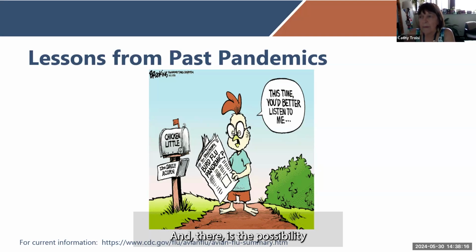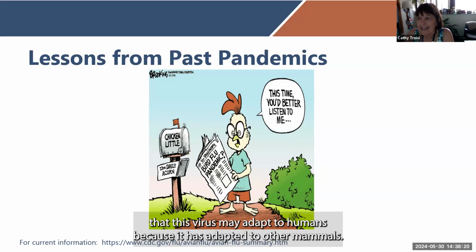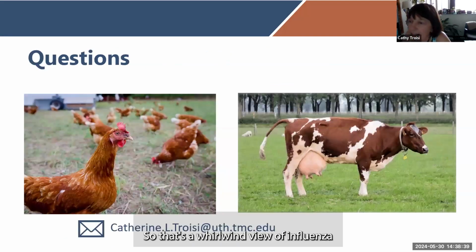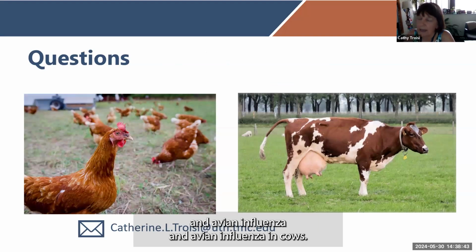And the possibility that this virus may adapt to humans, because it has adapted to other mammals, is a little concerning. But right now, the risk is still thought to be low. But again, public health is keeping their eyes on it. So that's a whirlwind view of influenza and avian influenza in cows.